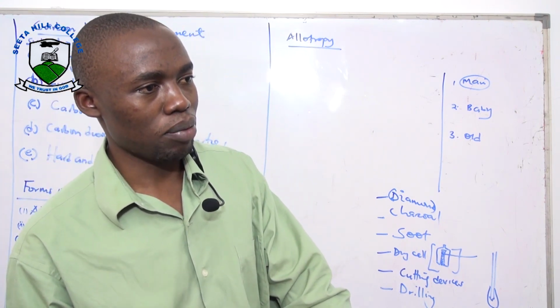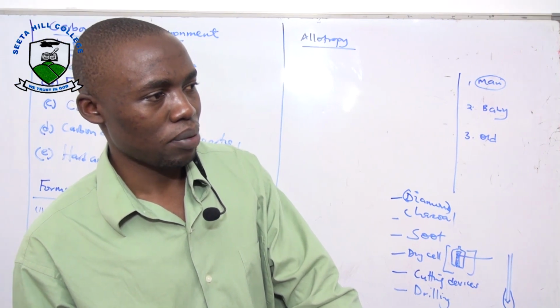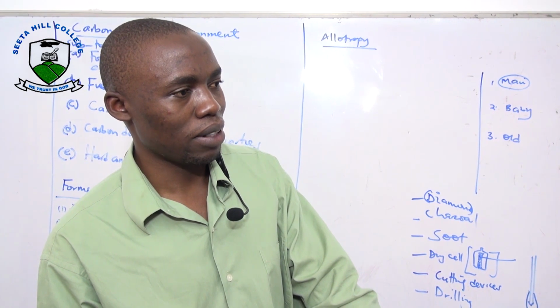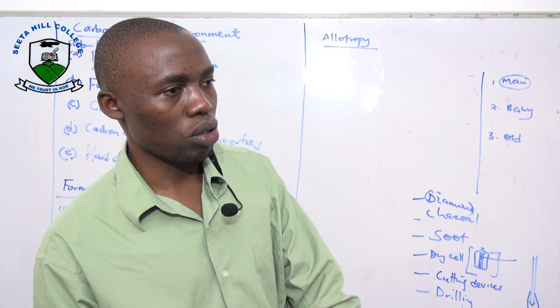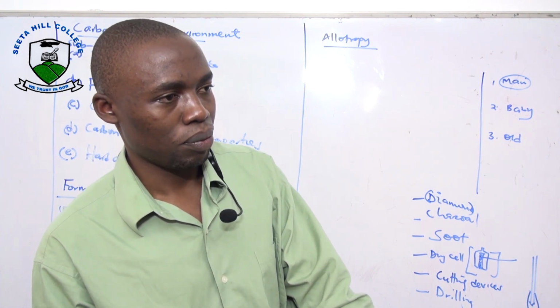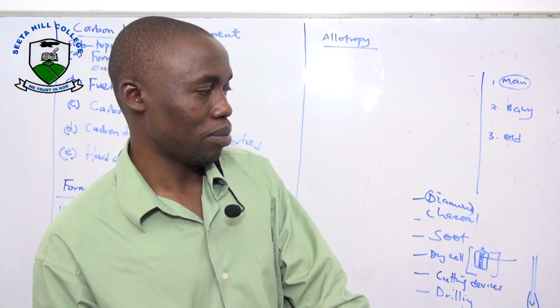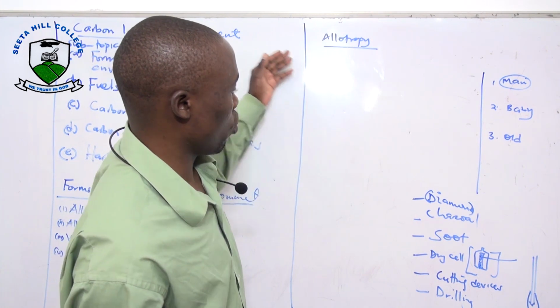Does it look black? How do they look? See, they look very, very sparkling and shiny and attractive. Not so? Don't say it is gold. Gold is yellowish. They are colorless, they are transparent.